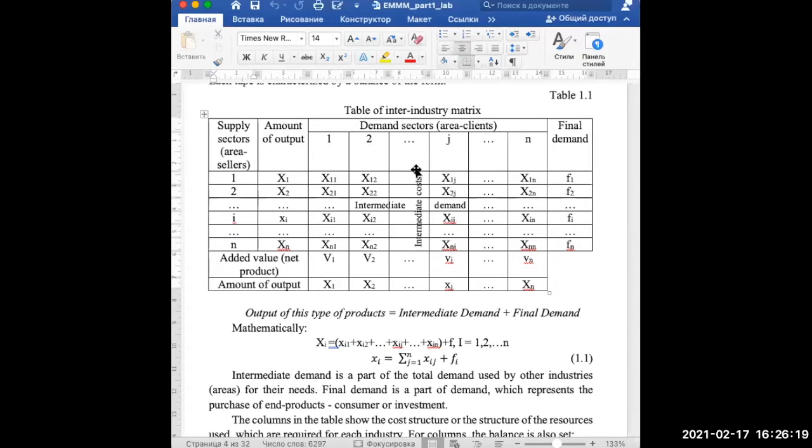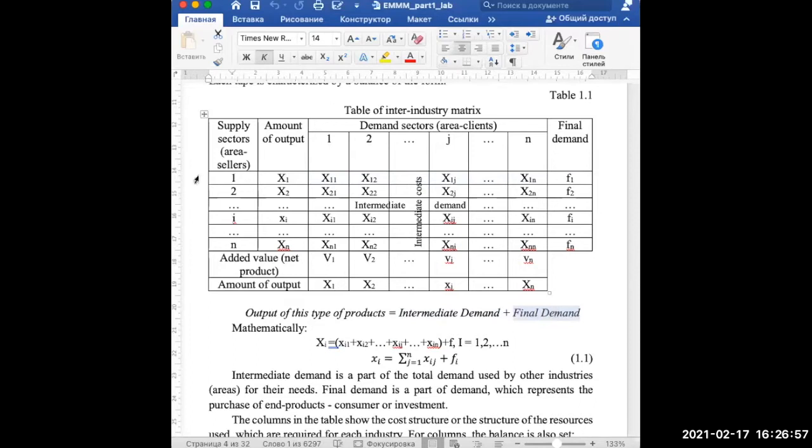So all our X1, X2, which we put into these rows, we can find mathematically as a sum of products which we deliver to other branches, which we call intermediate demand, plus the sum of products which we deliver to final consumers, plus final demand.